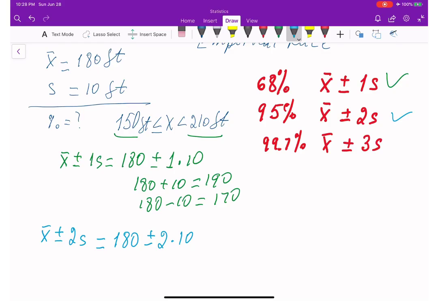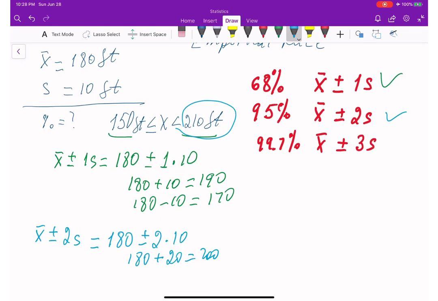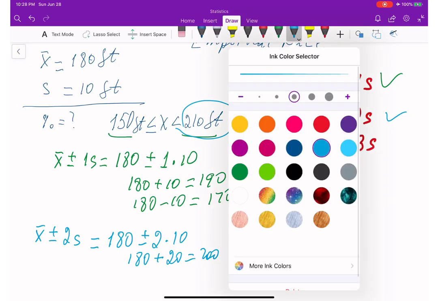So 180 plus 2 times 10 is 20, it's going to be 200. I'm looking, it doesn't match my upper limit, so I don't even need to continue with minus 20.